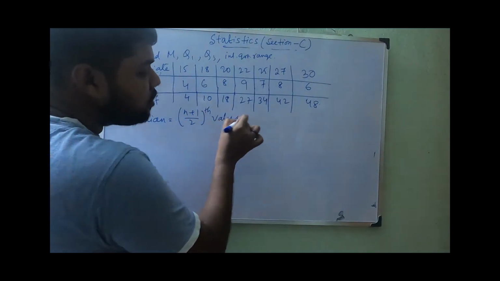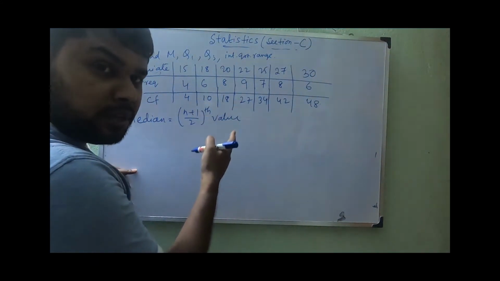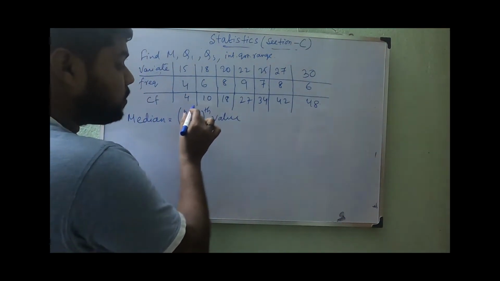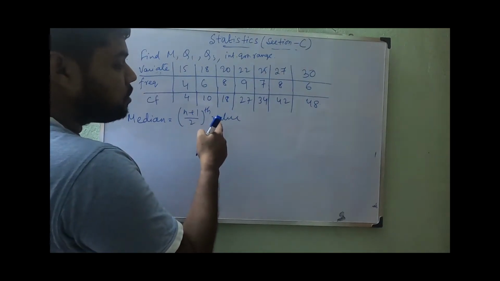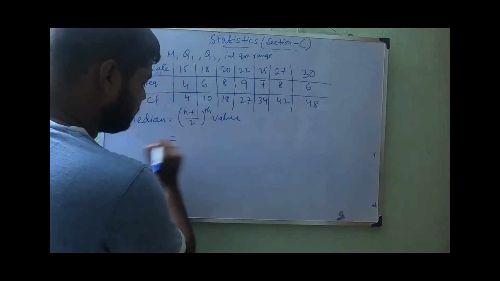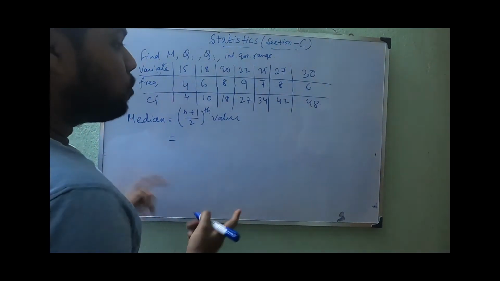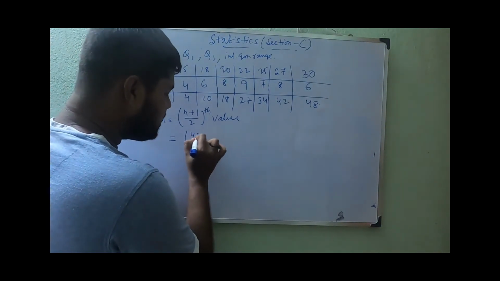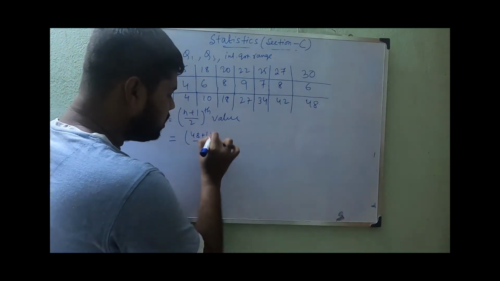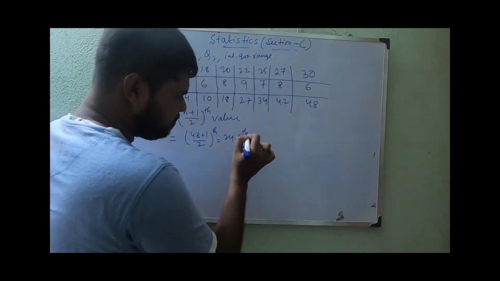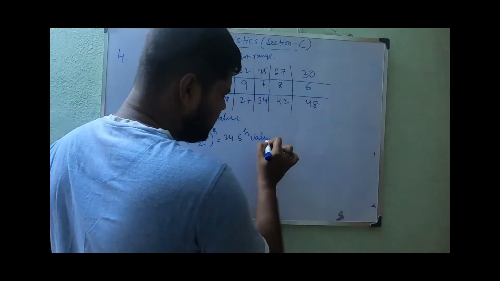Mind you, this is not a group data, so I am going to make use of the ungrouped formula only, not the grouped formula. So n plus 1 by 2th value. How many data is there? 48 data are there. So this will be 48 plus 1 by 2, so that is the 24.5th value.